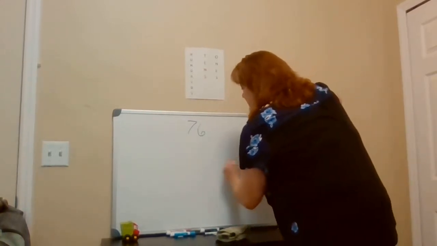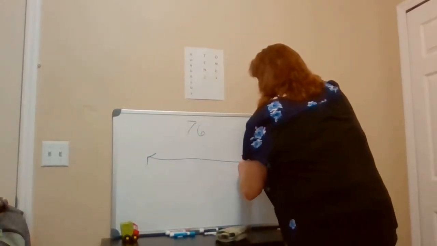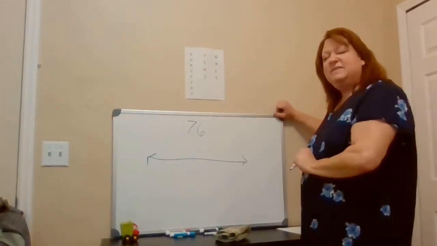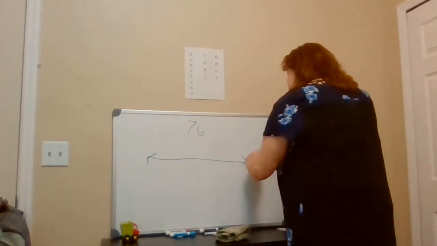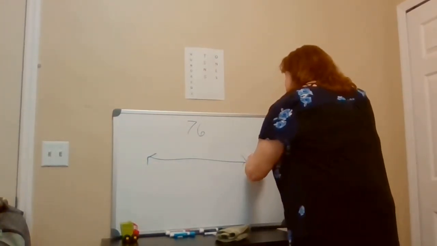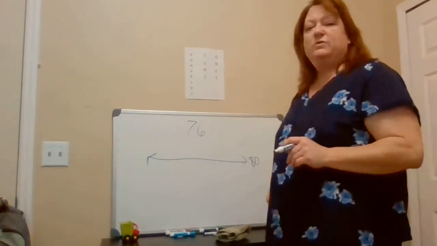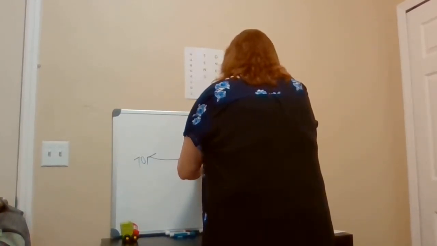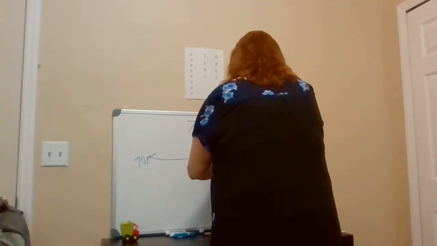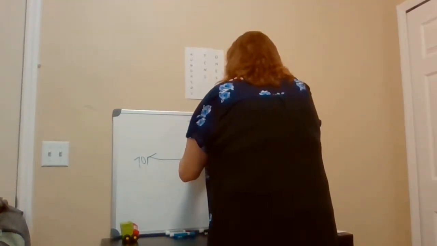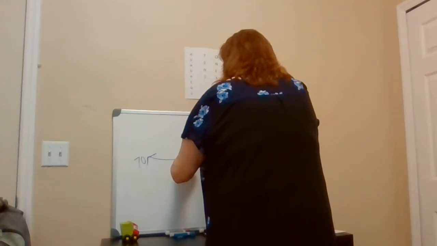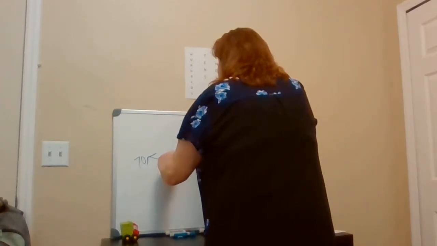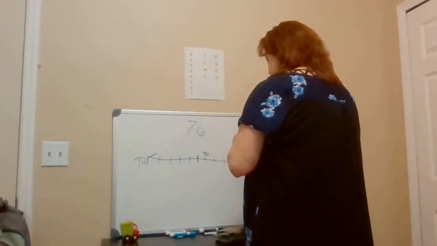For the nearest 10, if we were to draw a number line, what's the next 10 above 76? Right, that would be 80. And the 10 below 76? Good, 70, okay? So here's our 75, say 76, 77, 78, 79. So here's 76. 74, 73, 72, 71, okay?